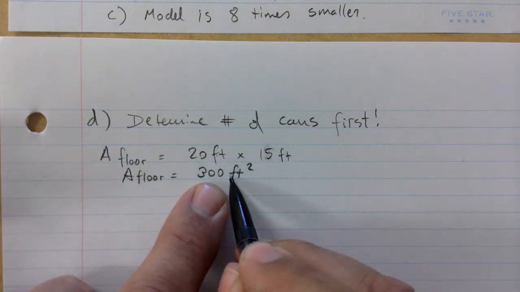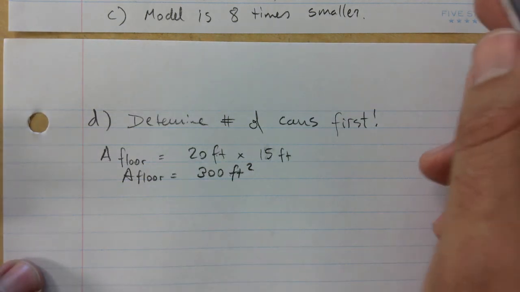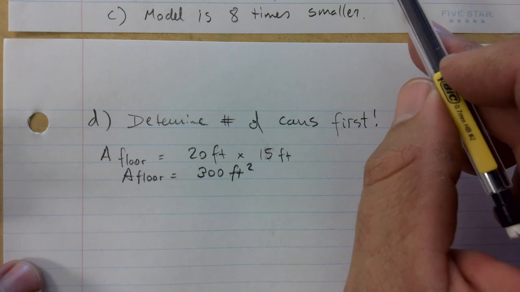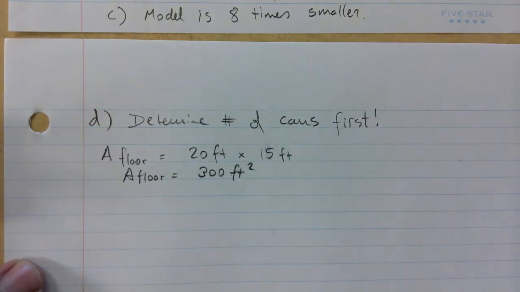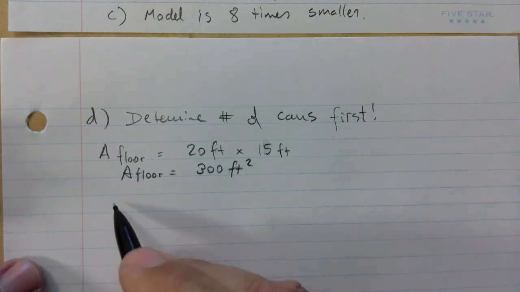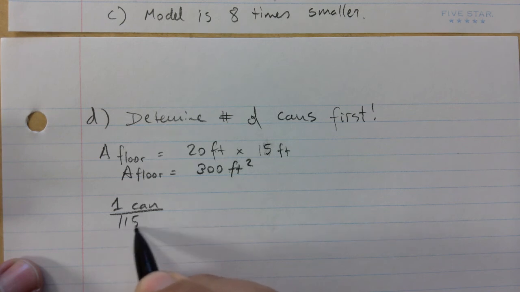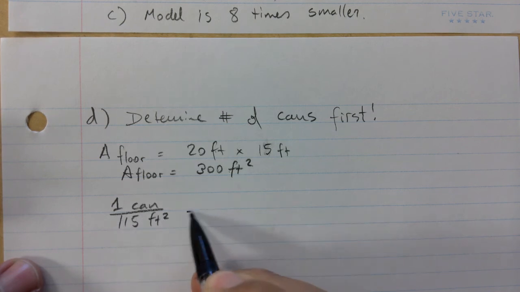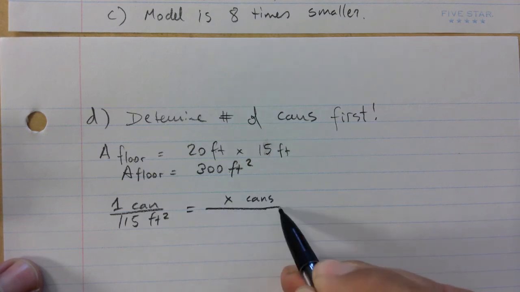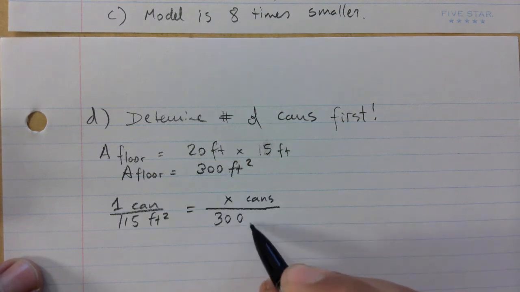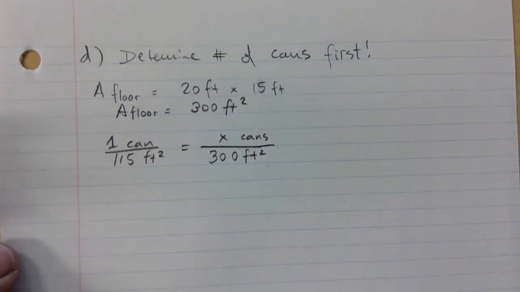So it's square feet. So now you're gonna look at the fact that one can covers 115 square feet, right? I'm looking up on the question. So if one can covers 115 square feet, then I need X number of cans to cover 300 square feet. This is where proportional reasoning is probably the way to go.